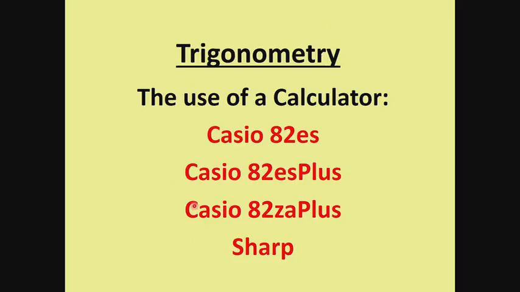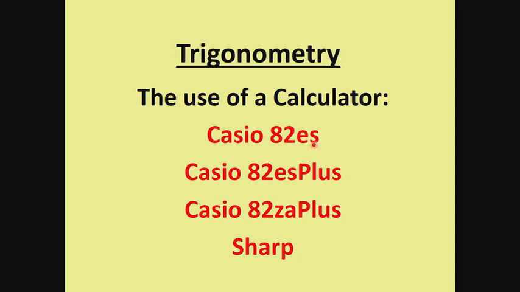What we're also going to do today is use a bit of calculator work. As you know, in some cases you must use a calculator, and in some of the sums it's not compulsory. Irrespective of the calculator you have, I know there are a lot of different models, make sure that you familiarize yourself with the same calculator.